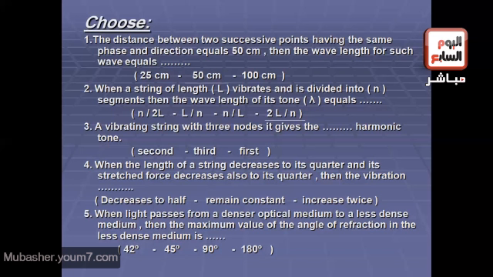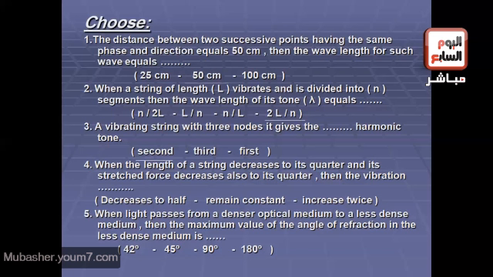When the length of a string decreases to its quarter and its stretched force decreases also to its quarter, then the vibration. Here, what is meant by vibration? In this question, the vibration means the frequency. Yes, the number of cycles or vibrations done in 1 second, it means frequency.